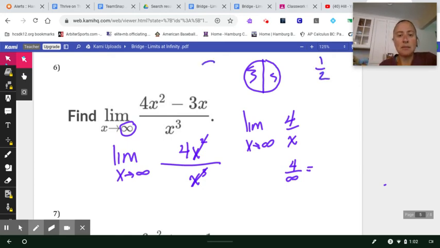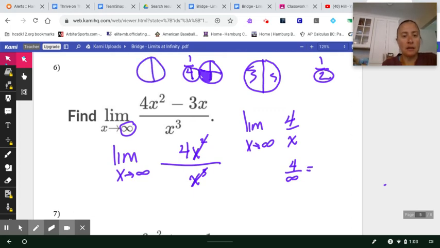Now, if I take that same pizza and I cut it into quarters, did you get a bigger piece or a smaller piece? If I'm only going to give you a 1/4 now, your piece of the pie is much smaller. And notice the denominator did what compared to the 1/2? It got bigger. Okay, so let me take that piece of that pizza, and I'm going to cut it into eighths.